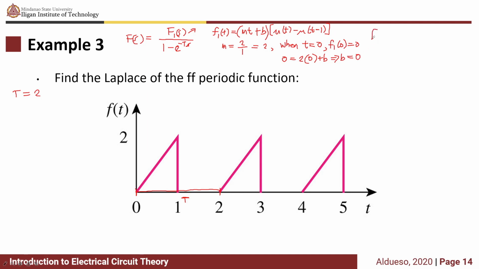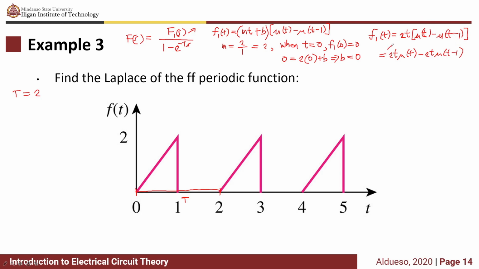So our expression for the first period is 2t times u of t minus u of t minus 1. So distributing 2t, we have 2t u of t minus 2t u of t minus 1.